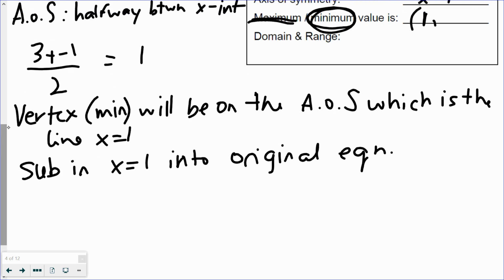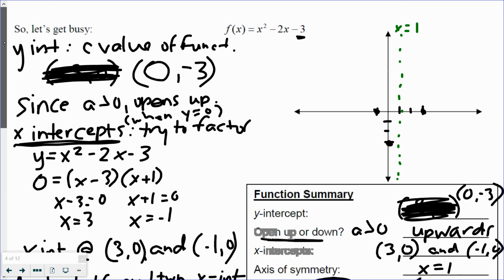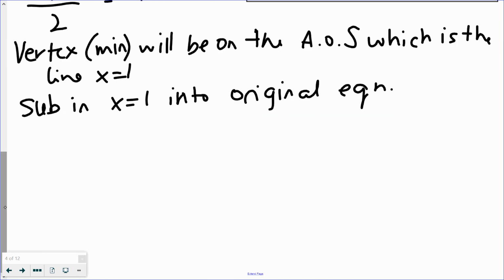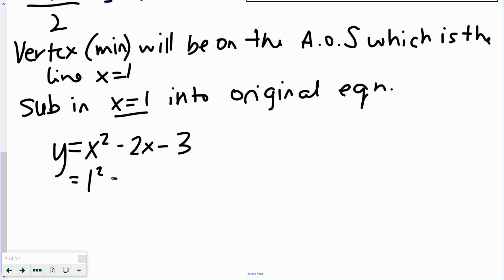So the original equation, x squared minus 2x minus 3. Anywhere there's an x, I'm going to put 1 in. 1 squared minus 2 times 1 minus 3. And now we're just solving for the y value that corresponds to an x value of 1.